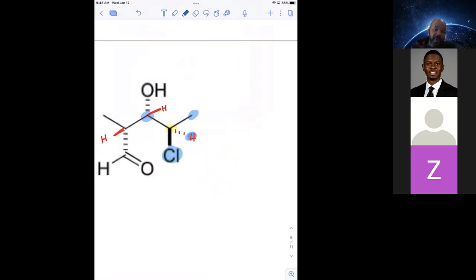So now we need to prioritize. What's number one? What's the highest priority group? Chlorine. Because you compare chlorine to carbon in each case, right? So that's one. We know H is going to be 4. The only thing lower than hydrogen is a lone pair. Hydrogen is always going to be your lowest priority group unless it's on the same atom with a lone pair.